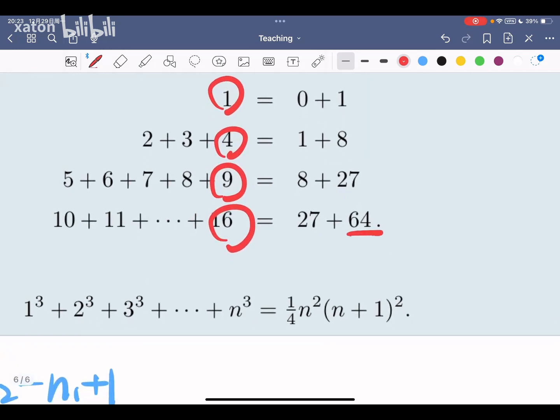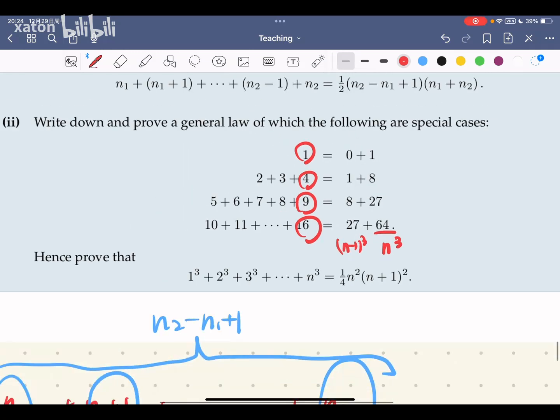If this is n, then on the right side they are all cube numbers. And if we say this is a cube, this will be n minus 1 cube. So we are thinking about why this might help us prove the summing up of the third power of integers.